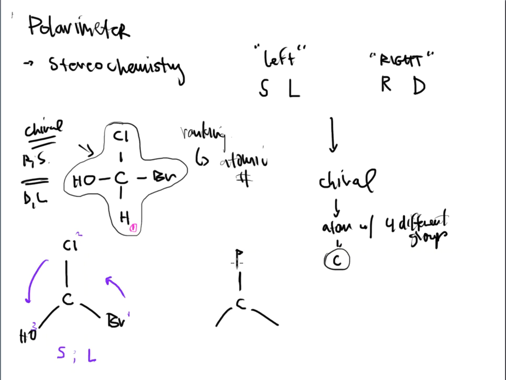All right, now what if I switch up these groups? What if I put bromine here, chlorine here, and OH there? Well, I do the same thing. Bromine is going to be the largest priority, and then that points toward chlorine, which is the next priority, which points to oxygen, which is the next priority. All right, this, if it was a clock, would be clockwise.